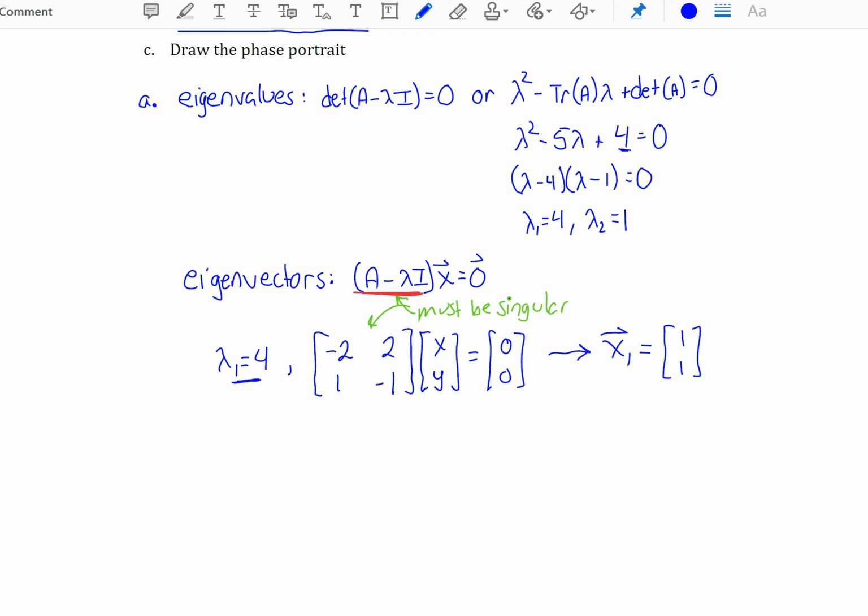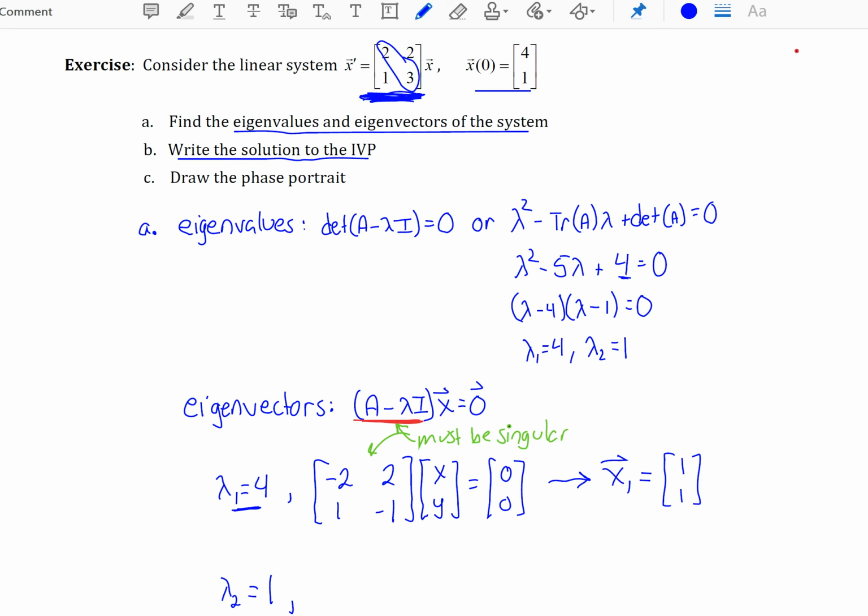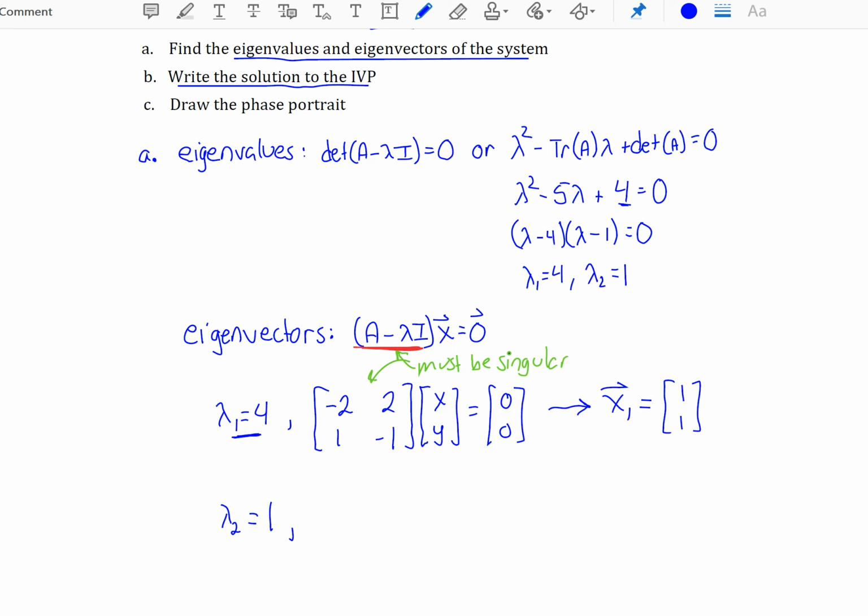Similarly, for our eigenvalue of 1, again, we'll have to subtract 1 off that main diagonal. And I think when we subtract 1 off that main diagonal, we're going to get 1, 2, 1, 2.